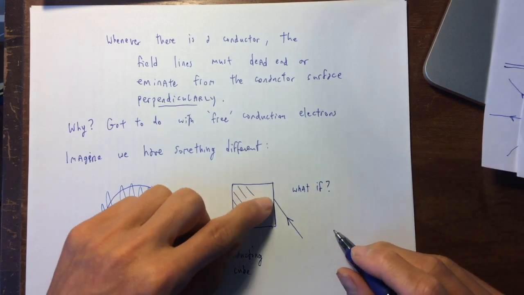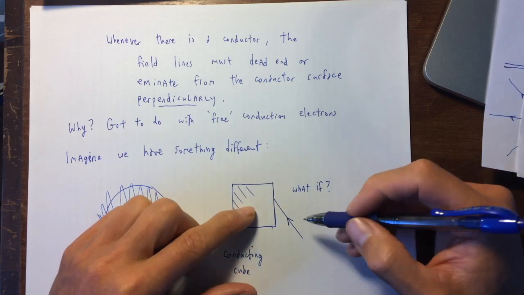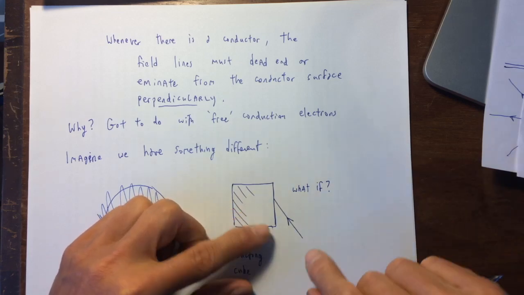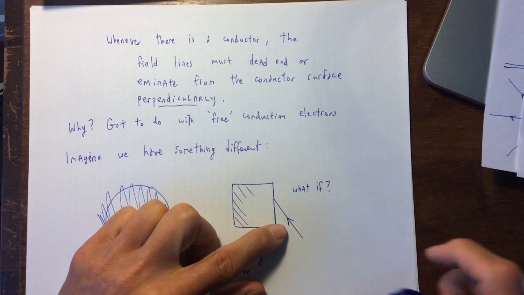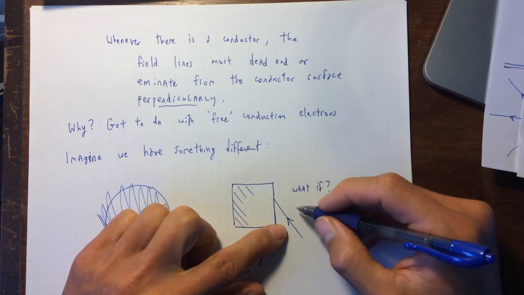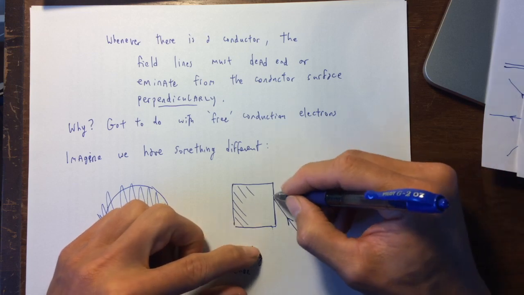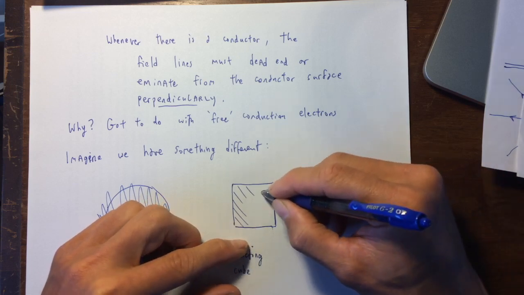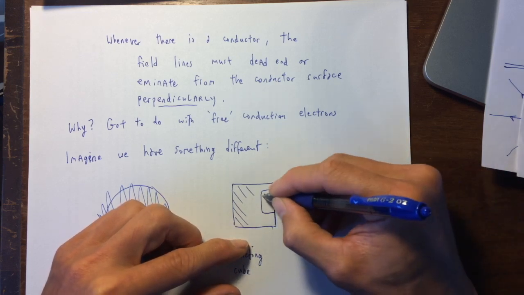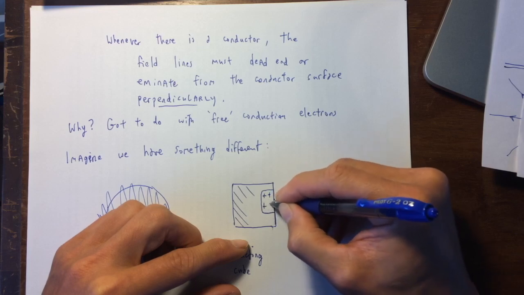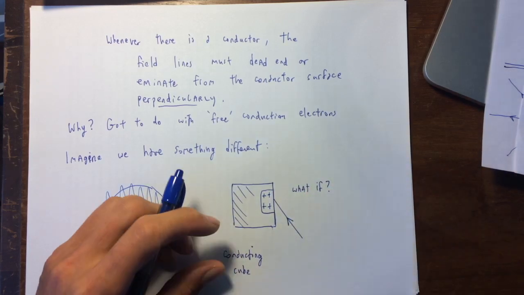So here's what happens. A field line is an instruction for positive and negative charge to feel force. So in this little area of the conductor is positive and negative charge.